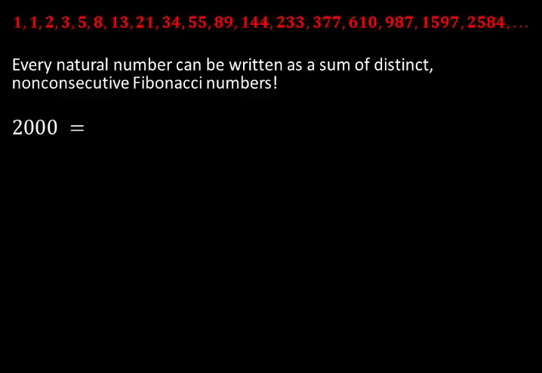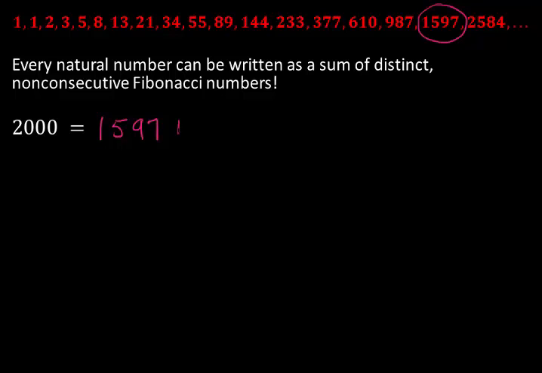So let me show you how to do this. Here we're going to take 2,000. First of all, take out the largest Fibonacci that you can from 2,000, and that would be 1597. Let's circle it up here. That's the first one.